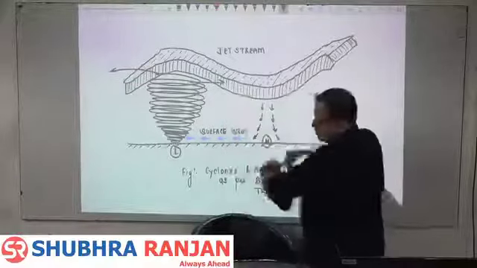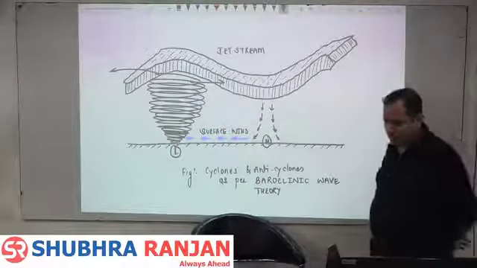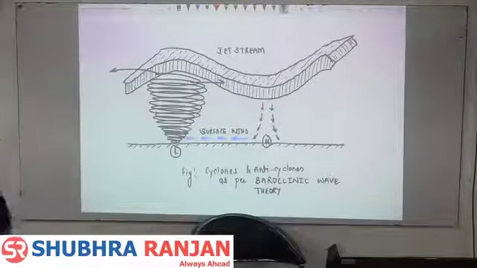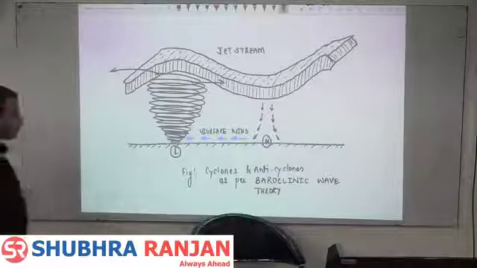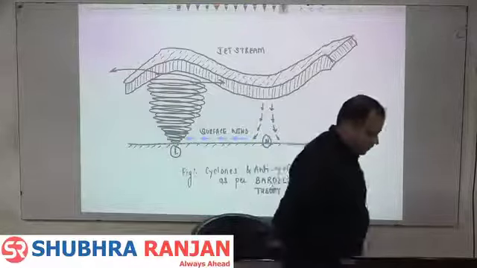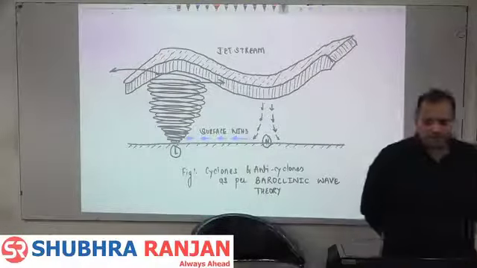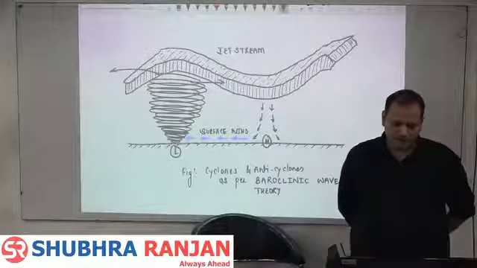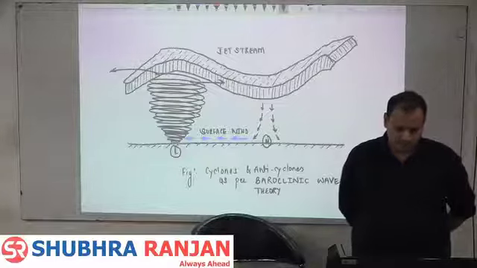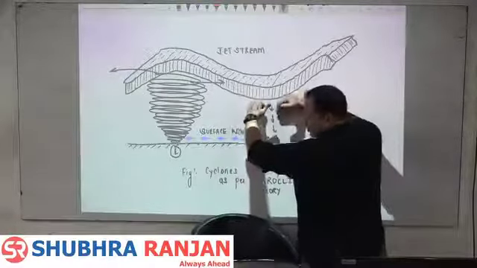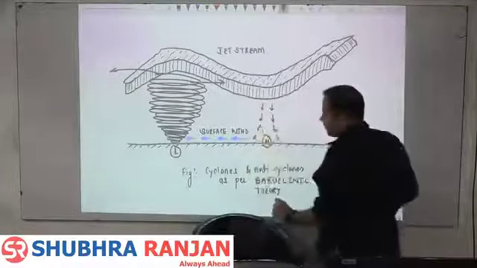While upper air convergence are the regions of surface anticyclones. Clear? यहाँ से the air will converge and it will come down. Right? So I'll stop here today.